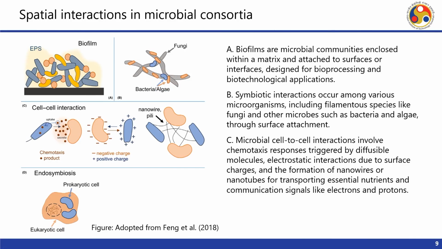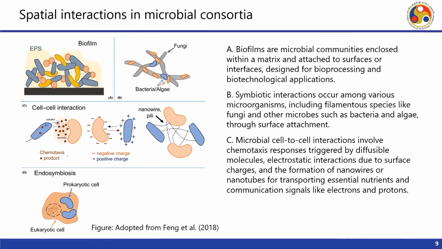Now, in another example of spatial interactions, we have cell-cell interactions where there is a chemotaxis response. So, this involves the chemotaxis responses triggered by diffusible molecules which are secreted by one, and then electrostatic interactions as you can see over here due to the surface charges, and the formation of nanowires or nanotubes for transporting essential nutrients and communication signals like electrons and protons.